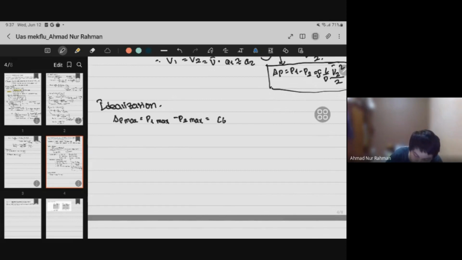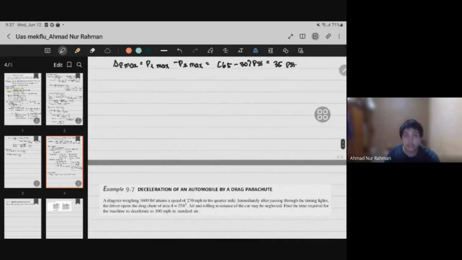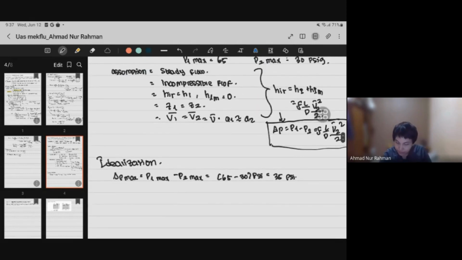The result is 65 minus 30 psi equals 35 psi. But what we need is to find the smallest. This is the max. We need to find the smallest. So from this, P1 minus P2 equals f L per D V squared per 2.